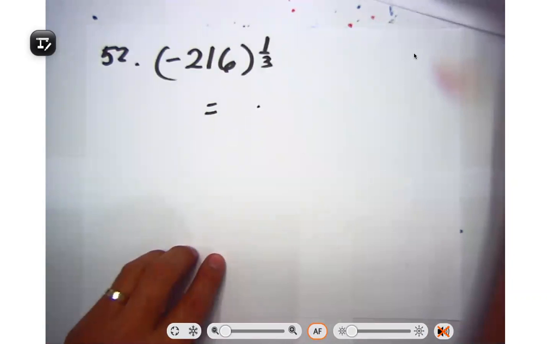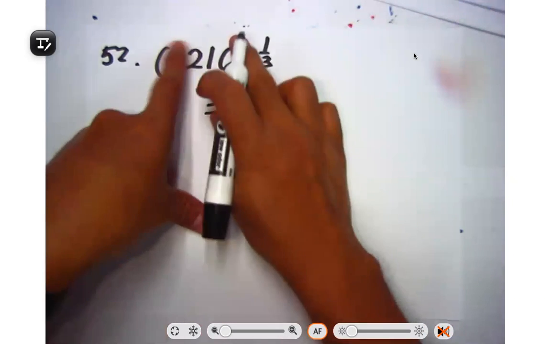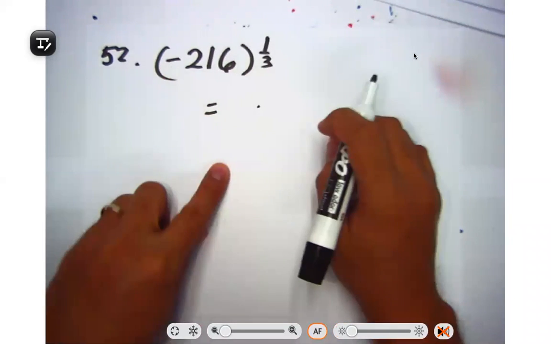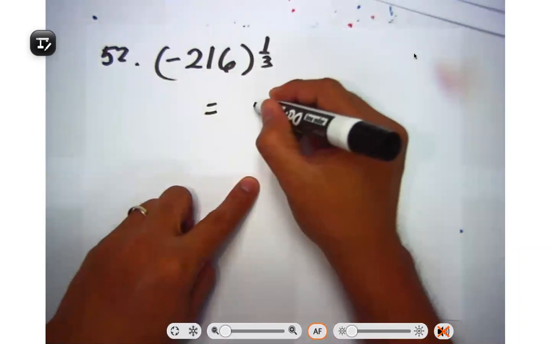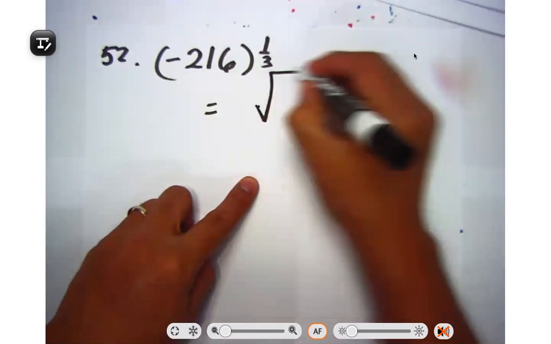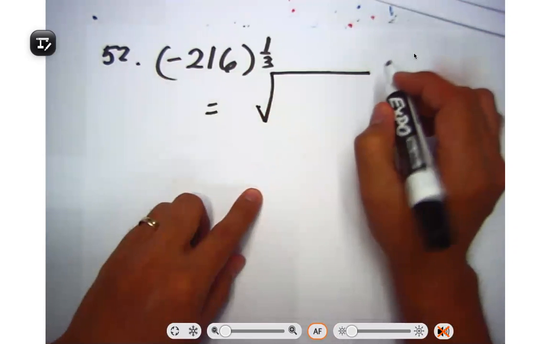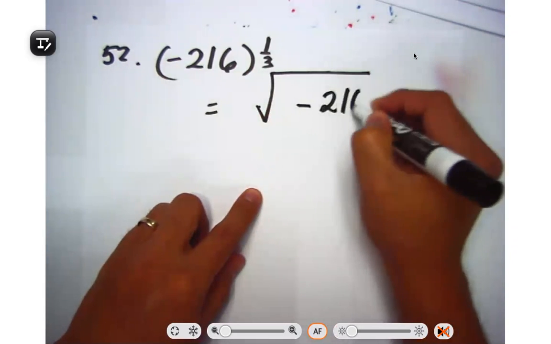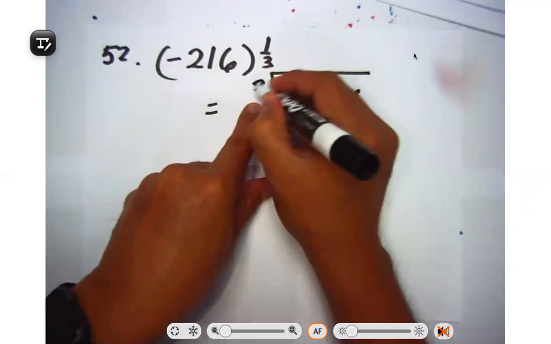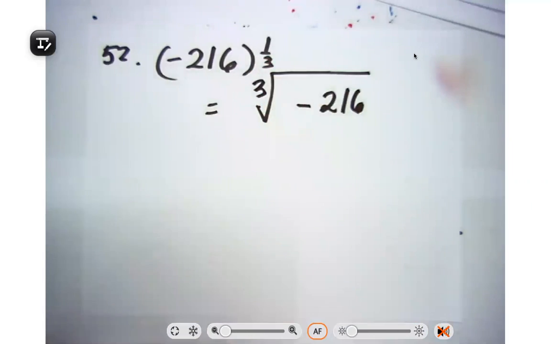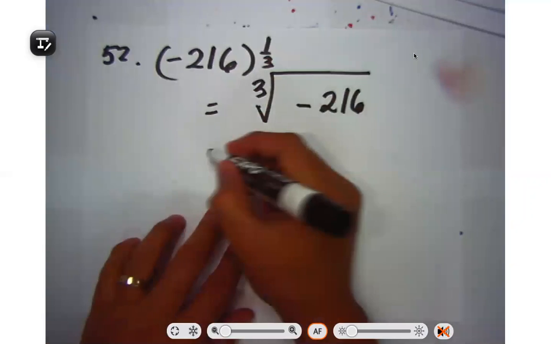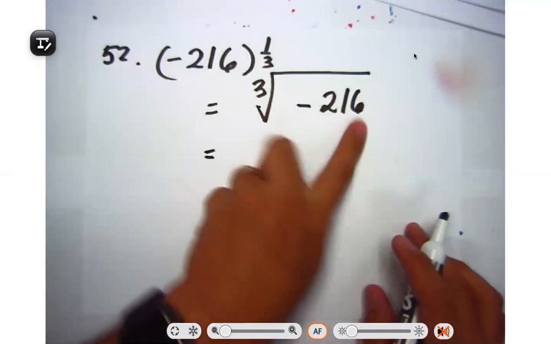So remember the difference between the two. Here it's enclosed, -216. So when you rewrite this into radical, negative goes inside. So we have -216, 3 goes here, 1 goes in the exponent of -216. What's the cube root of -216?